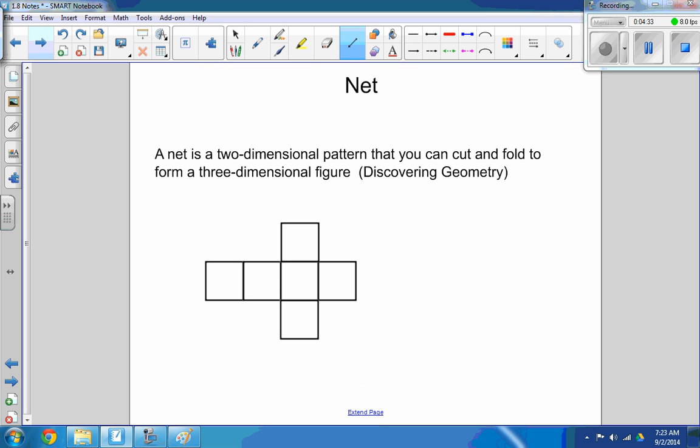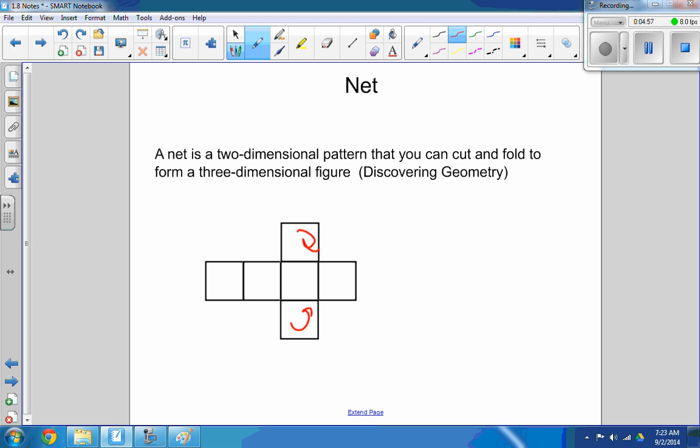A net. A net is a two-dimensional pattern that you can cut and fold to form a three-dimensional figure. Now, what we have here as a net is a shape that we could fold in creating a cube. So this side here, I could fold up. This I could fold up.